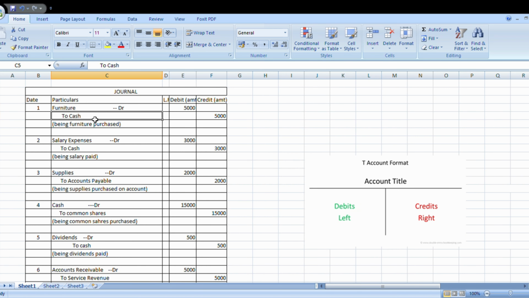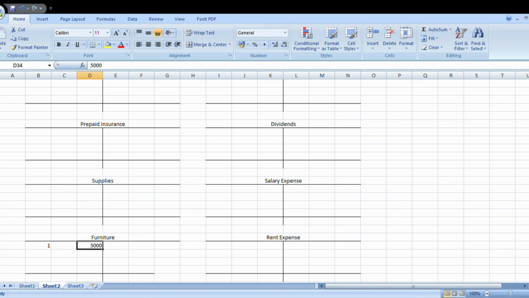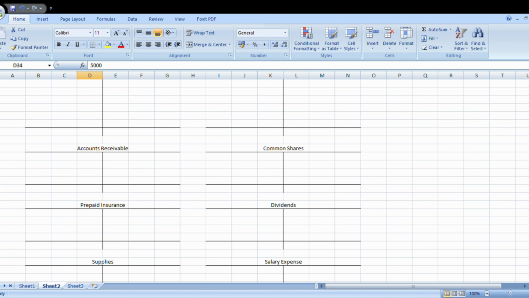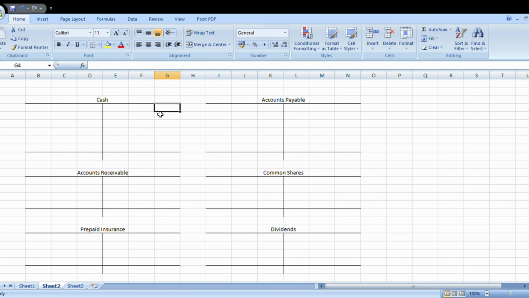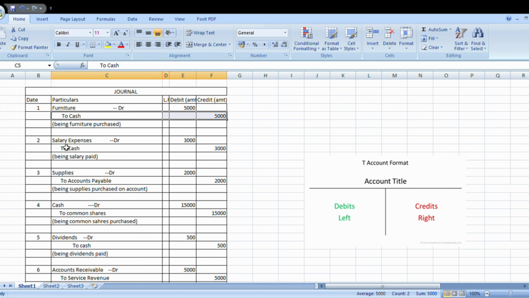Then cash. In the same transaction, cash is credited with 5,000. So when we'll be preparing cash account, we will be writing it on the credit side 5,000 and the date here which is not given, so we'll be writing 1 as in the date. Okay. Next comes salary. Salary is debited with 3,000.